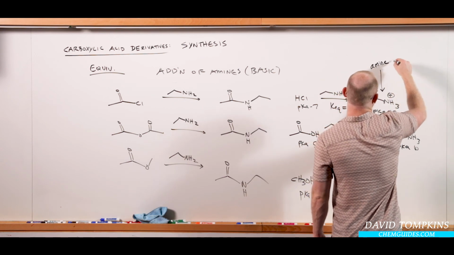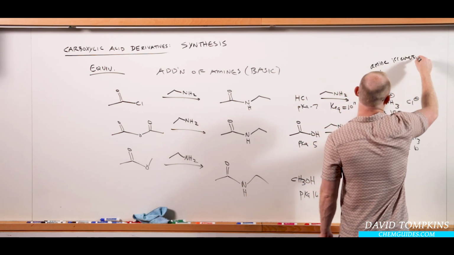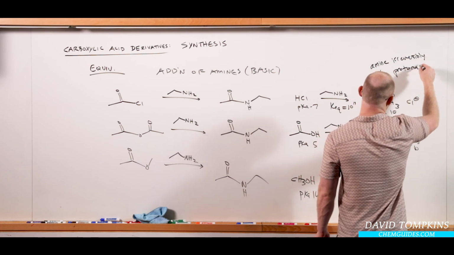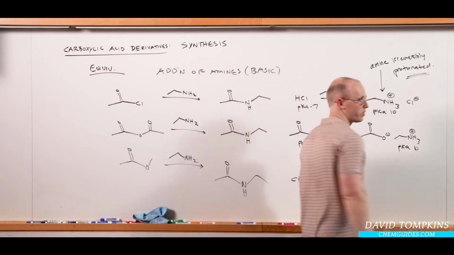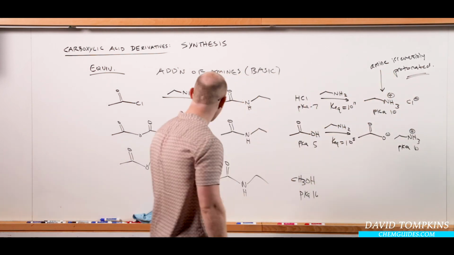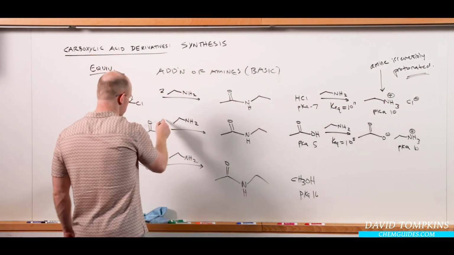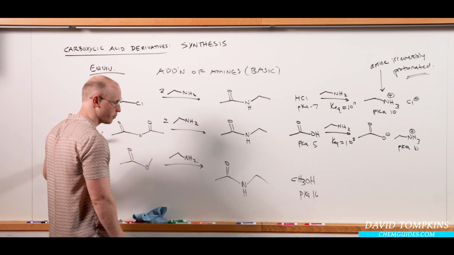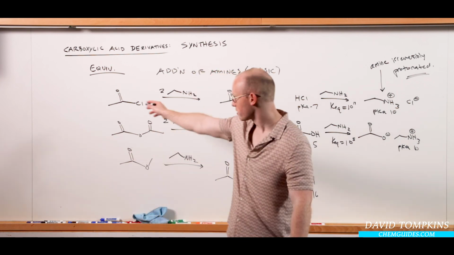And now the amine cannot serve as a nucleophile. So it's irreversibly protonated. So what that means is you have to add 2 equivalents of the amine when you have a very electrophilic starting material with a great, weak base leaving group.